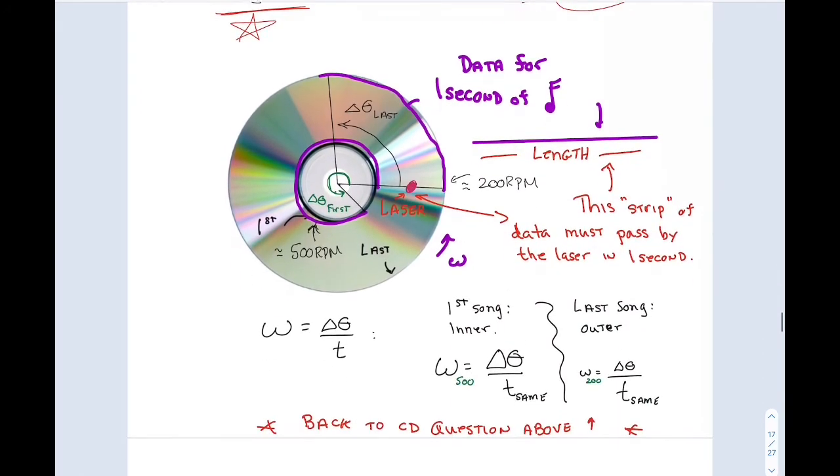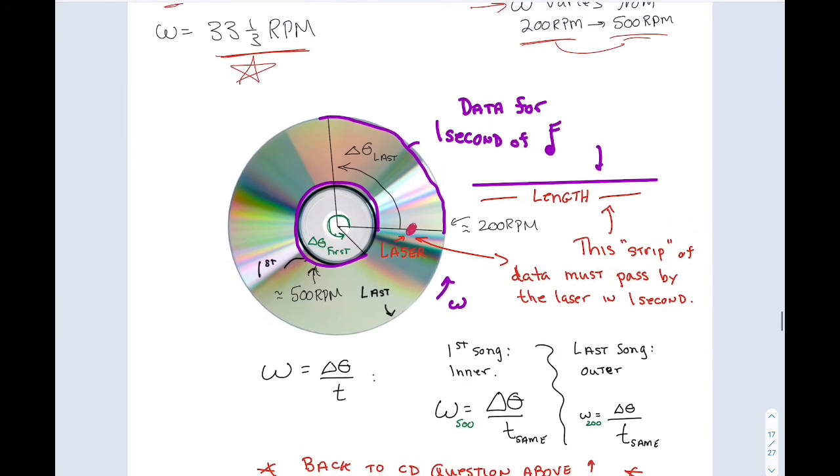For an audio CD, here's your little laser head. The laser likes to read a certain amount of data at the same time. So for example, let's say this length here, that purple length on the CD, this strip, represents 1 second of music.